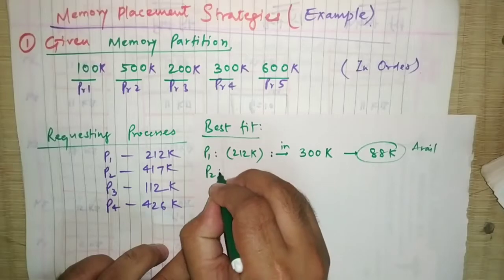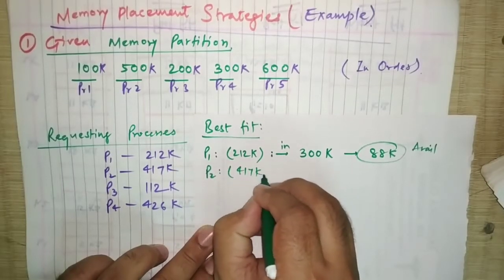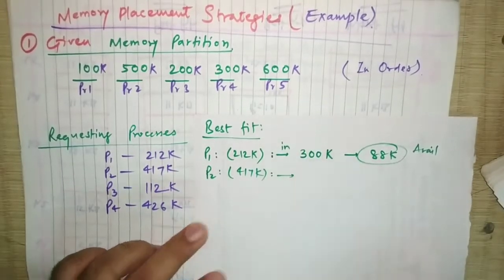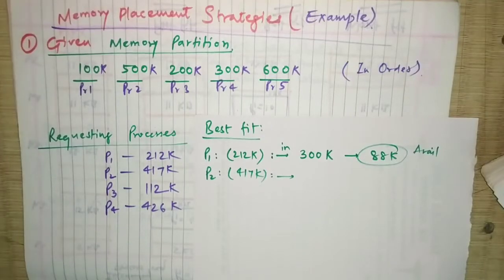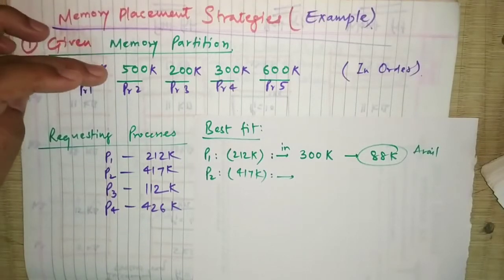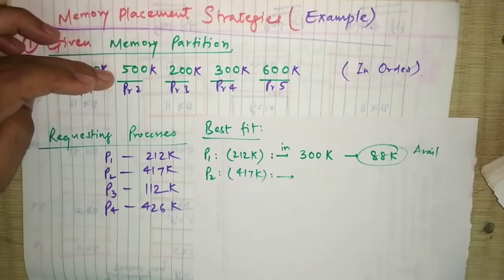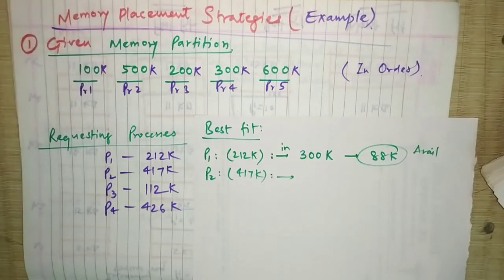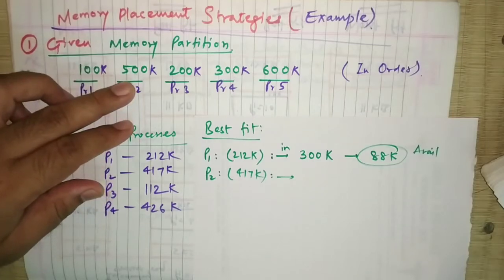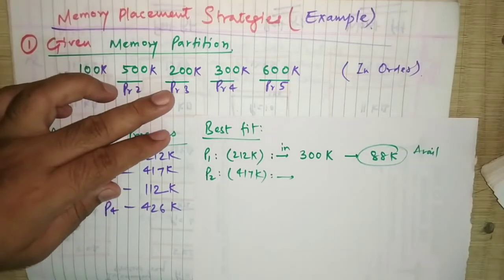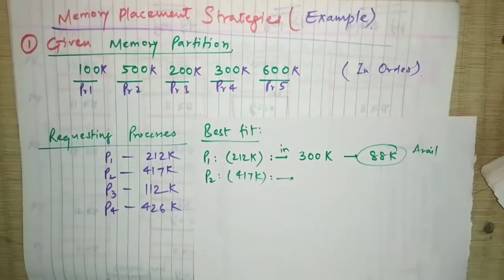P2 has a requirement of 417k. Where can we fit it? Come to the first partition. 100k not possible. 500k, yes, this is possible. We'll move on and search for the feasible ones. So 500k is one possibility. 200k not possible, 300k not possible, 600k is possible.